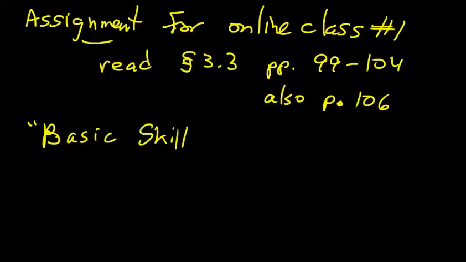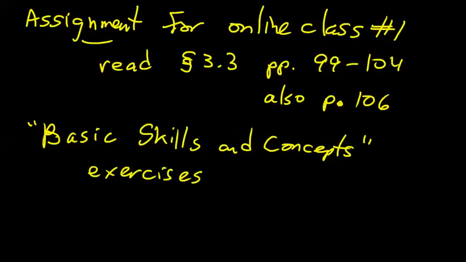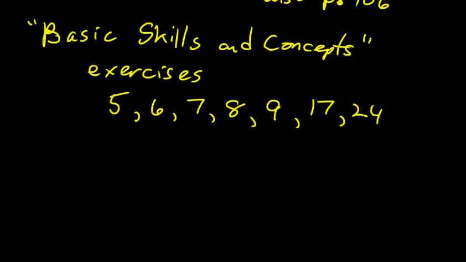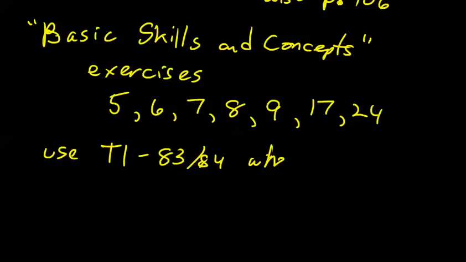The book is a little more formal. Basic skills and concepts exercises. We get 5, 6, 7. We just did number 7 for you. 8, 9, 17, and 24. When asked for standard deviation, use the TI-83/84 when possible, especially when computing standard deviation, and we'll talk more about the table method in class.